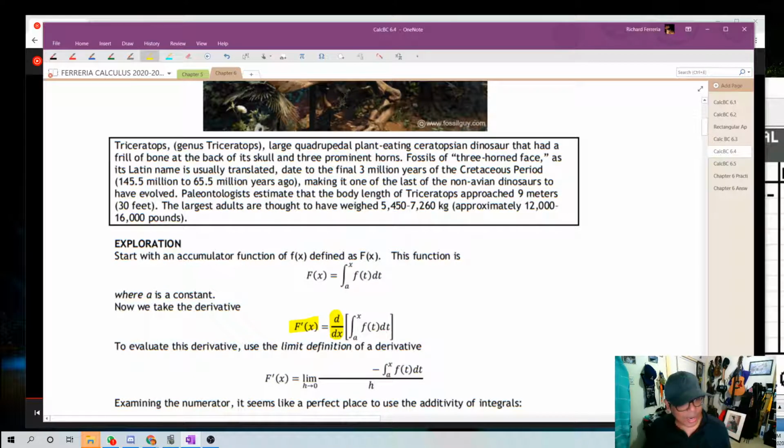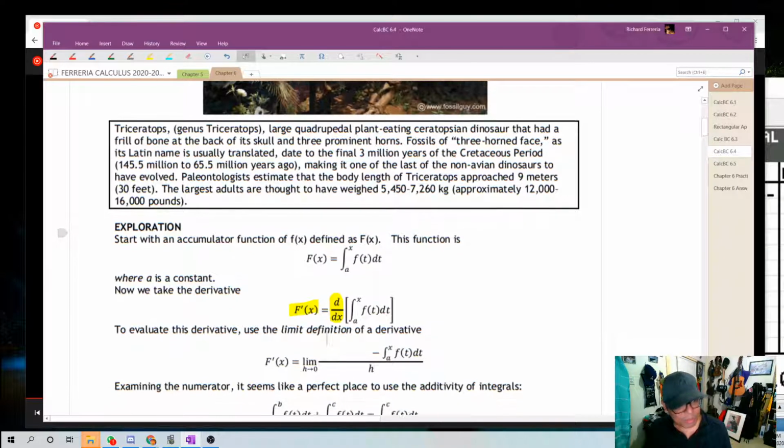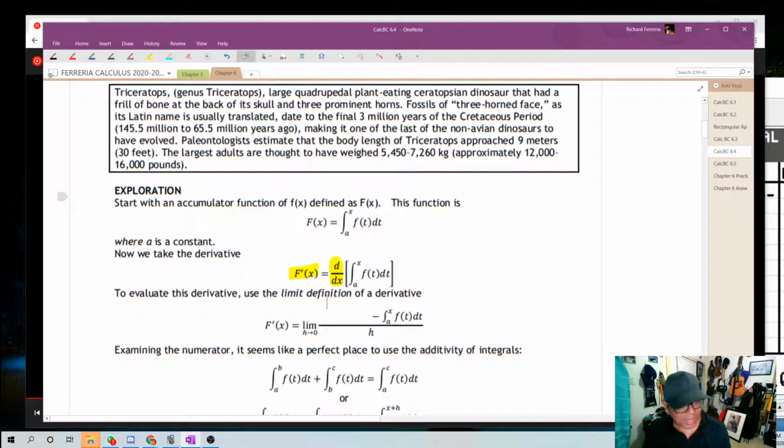Now that we have that set up, on the right side we're going to use the limit definition of the derivative. So what does it mean when we take the derivative? It means that we're going to take a limit as some quantity h goes to 0, and then we evaluate our function with f of x plus h minus f of x.